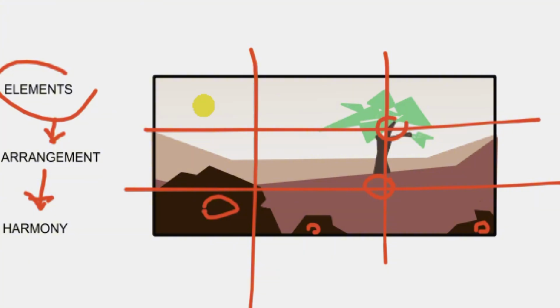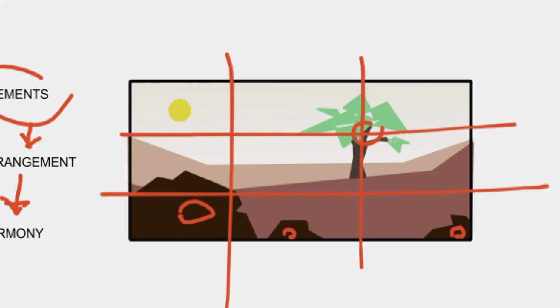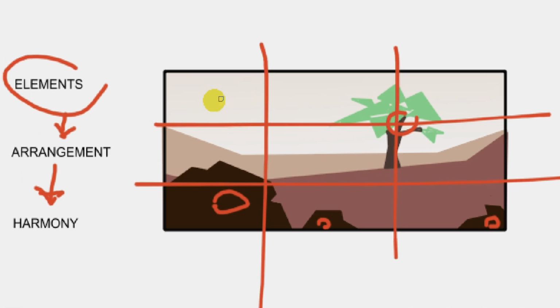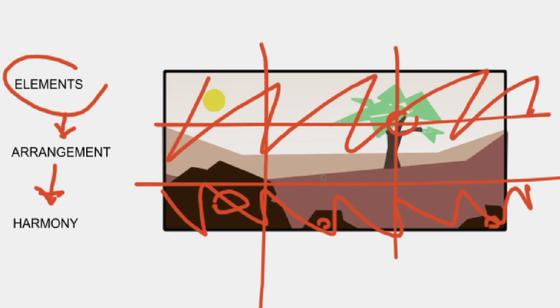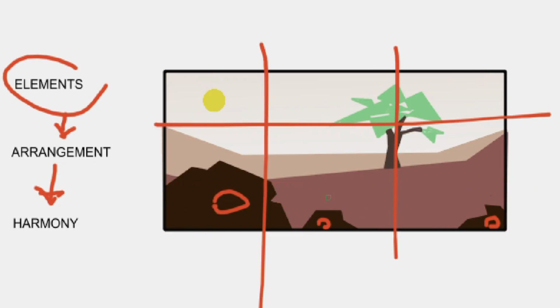So if we just use a simple box grid, we can see that the tree is in one of these overlapping points here, which creates a sense of focus. And the sun is squarely within one of those boxes. Everything in the foreground is here, basically, and most of the background is just about here. But we won't get too much into that.